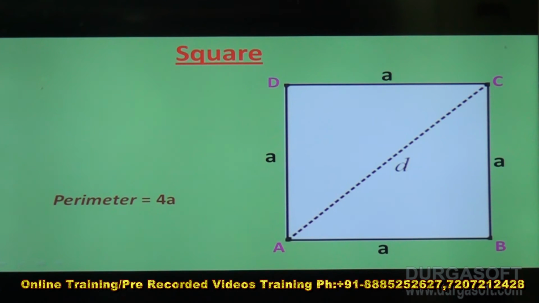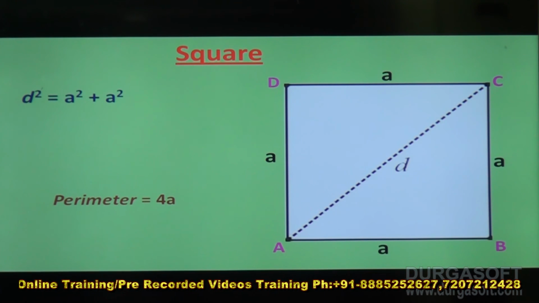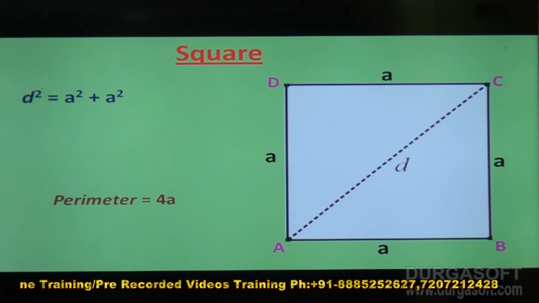If you can see in a square, all the sides are the same, so we are considering the side as A. All the sides are the same and all the angles will also be the same, but we are only talking about the sides here. Now the perimeter will be the addition of all the sides, the sum of all the sides, which we take as the perimeter.